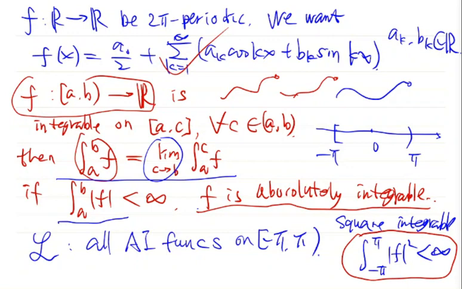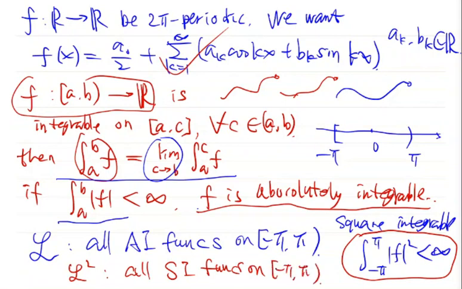Such a function is denoted by L2. That is, all square integrable functions on minus pi to pi. Okay, so we will mainly work with these two classes of functions, absolutely integrable and square integrable.